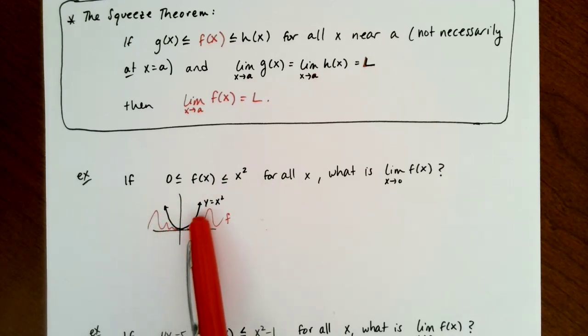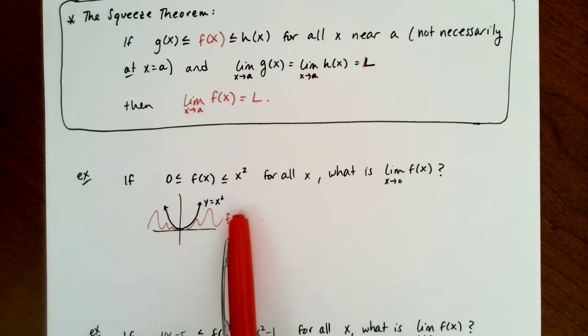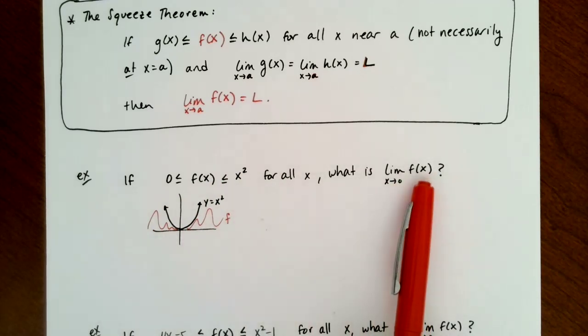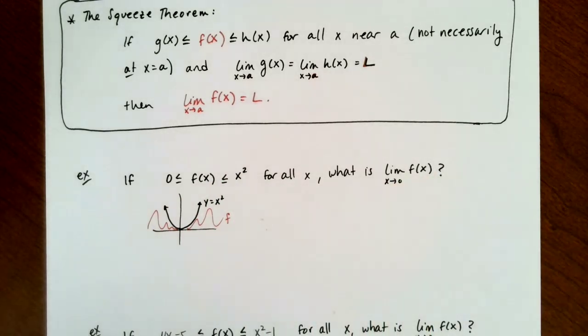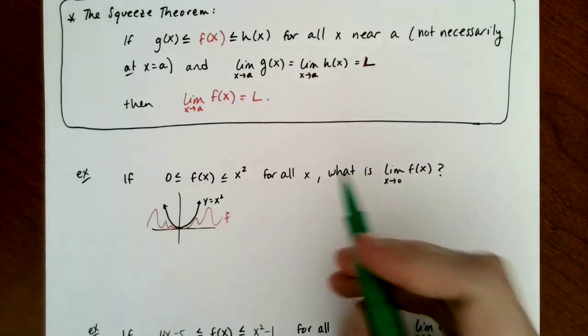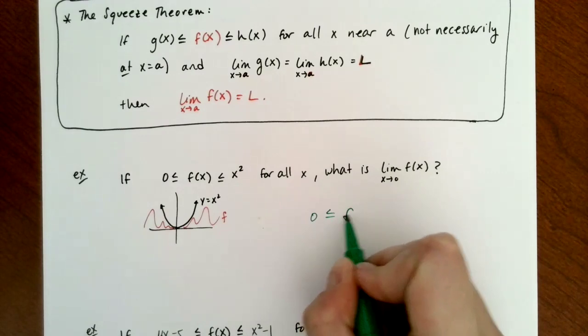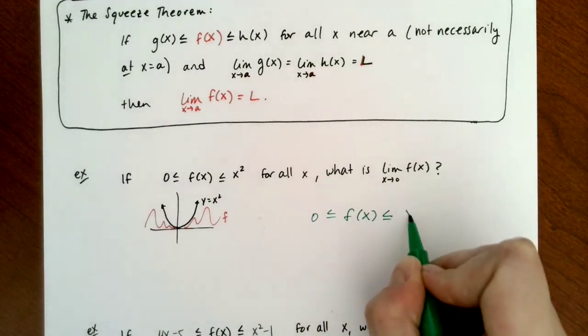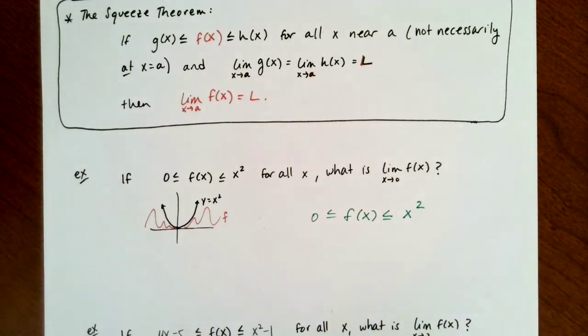Our function could be really, really wacky, but we can still compute this limit using the squeeze theorem because we have it sandwiched between. So we know that 0 is less than or equal to f of x, less than or equal to x squared.